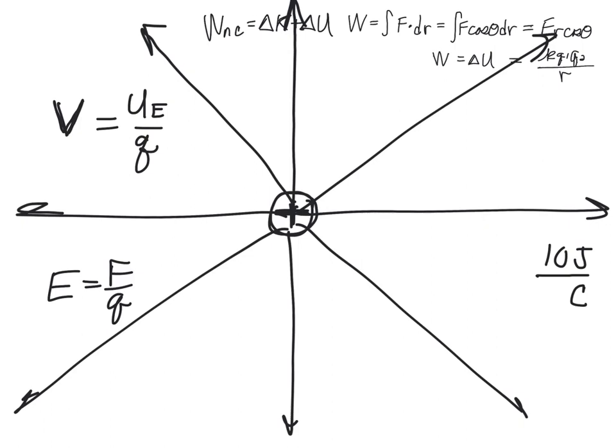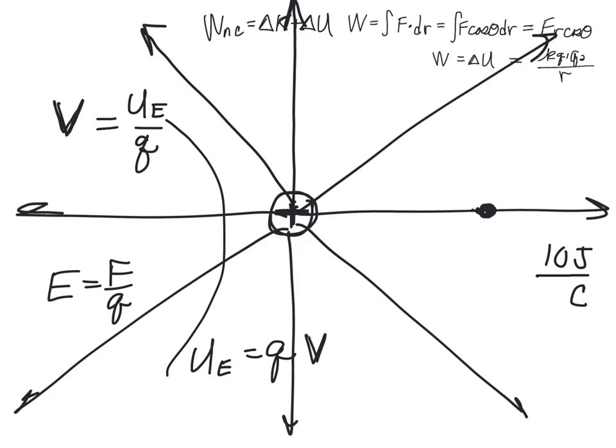then we can say that this point where the charge was is a point where you will have 10 joules per coulomb for whatever charge you put there. So a 1 coulomb charge will give you 10 joules. A 10 coulomb charge will give you 100 joules, right? What we're doing is we're rewriting this equation. The electric potential energy now just becomes the charge times the electric potential.